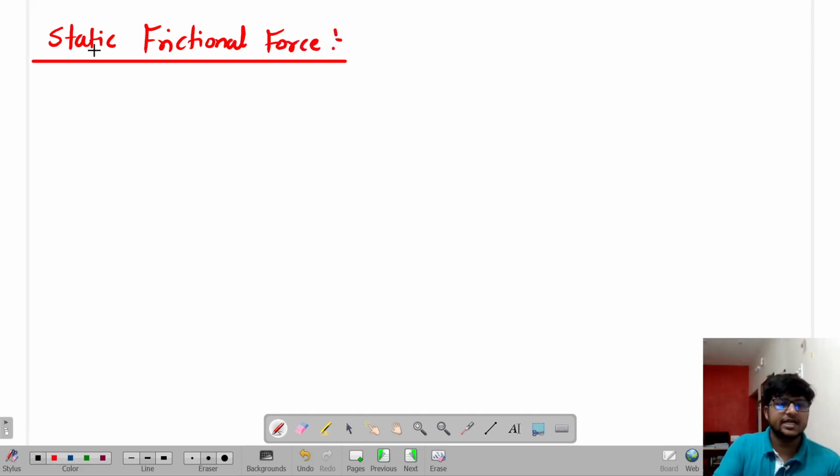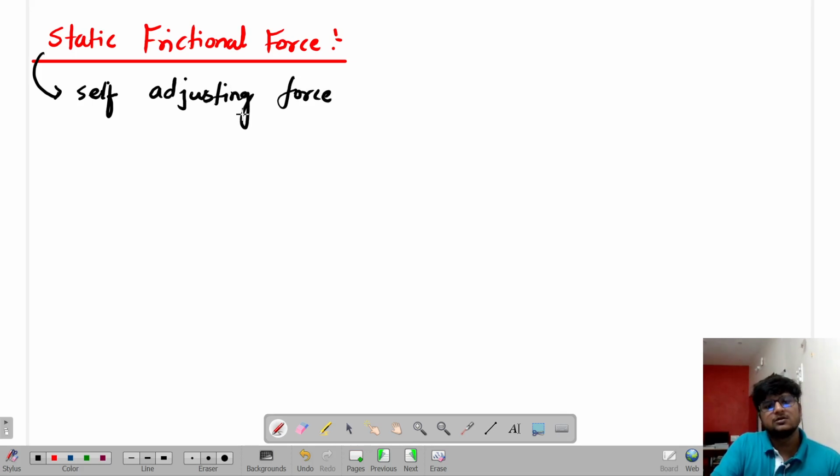So first idea of this static frictional force, just now we proved it, is that they are self-adjusting. Simple idea. Self-adjusting force. Second idea is that it is present when the body is at rest.